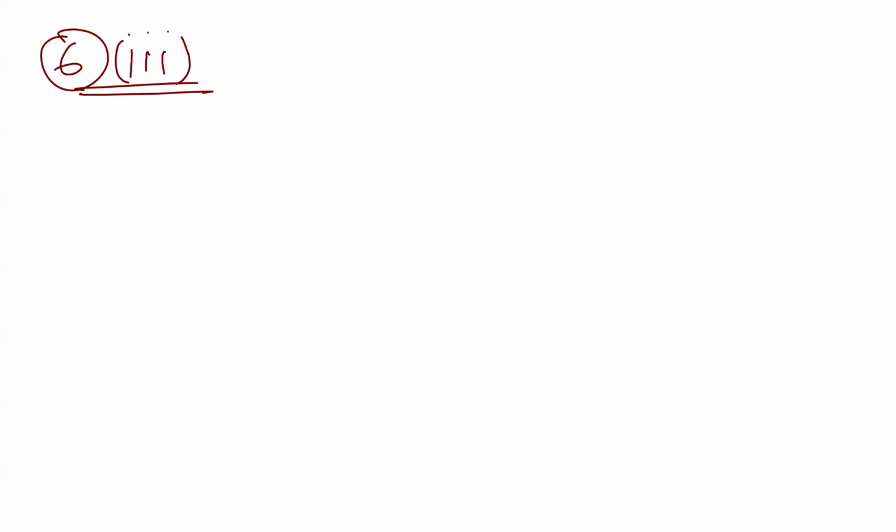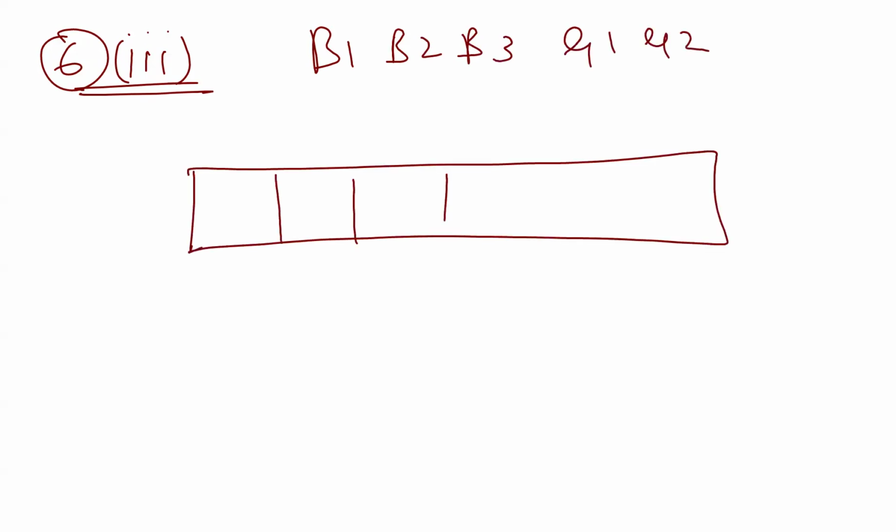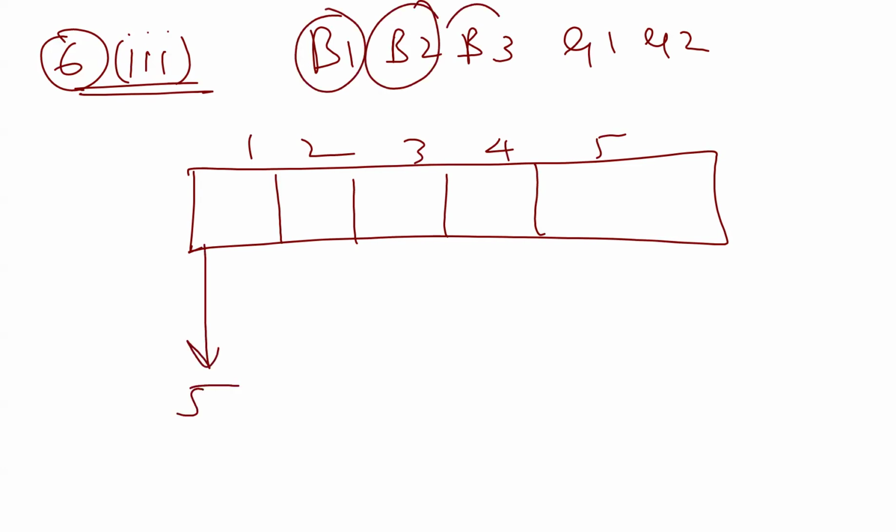So there are 3 boys, B1, B2, B3, and 2 girls, and they are standing in a line: 1, 2, 3, 4, 5. Now first place will be filled up in 5 ways because there are 5 objects. There is no specific order that girls will be together, boys will be together, nothing like that. So we have to consider all objects at once.